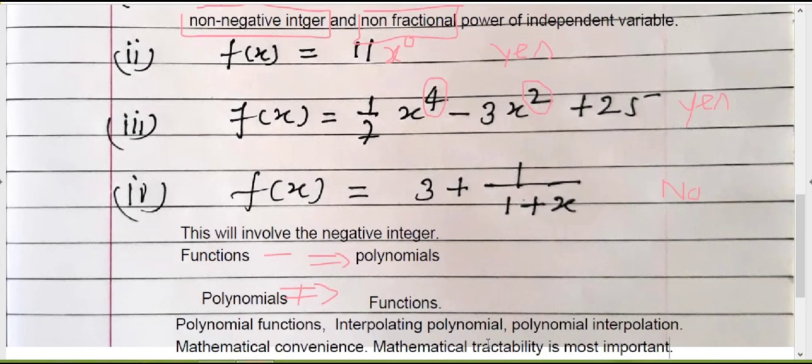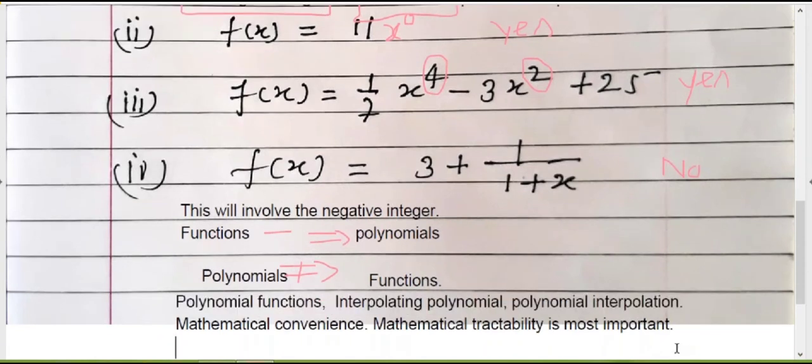As we discussed, why did we come to polynomial? It was convenience for mathematical treatment. And why was the function complicated? Do you remember this point?